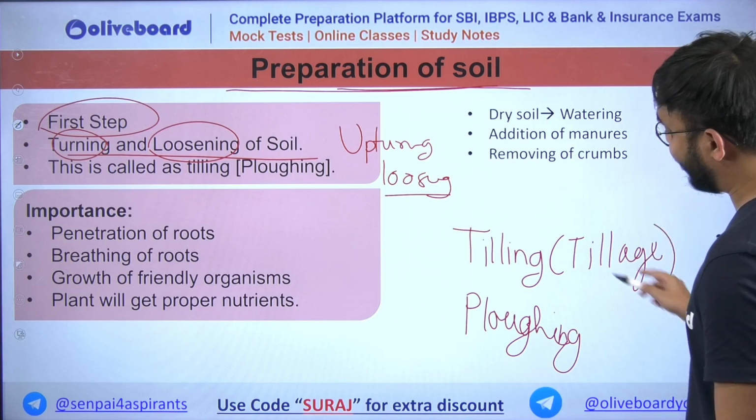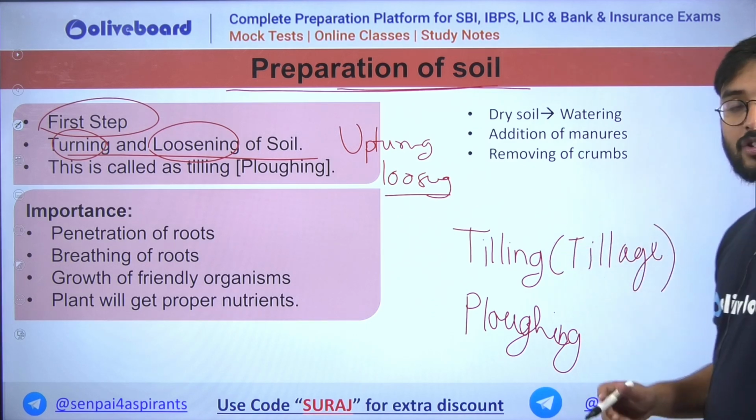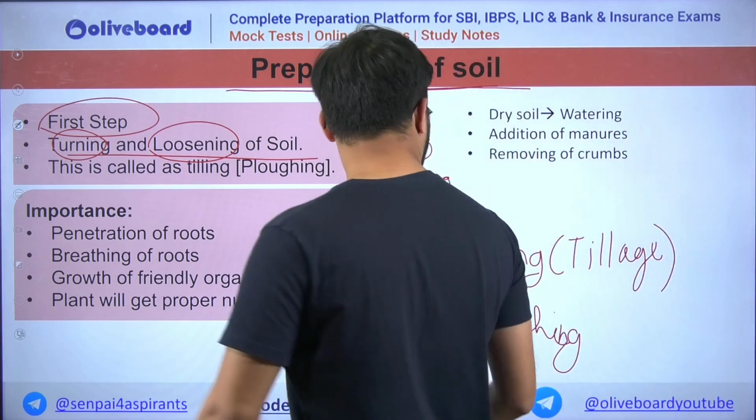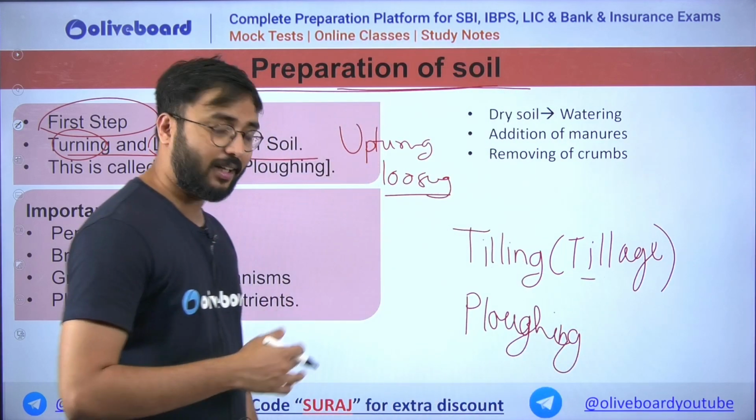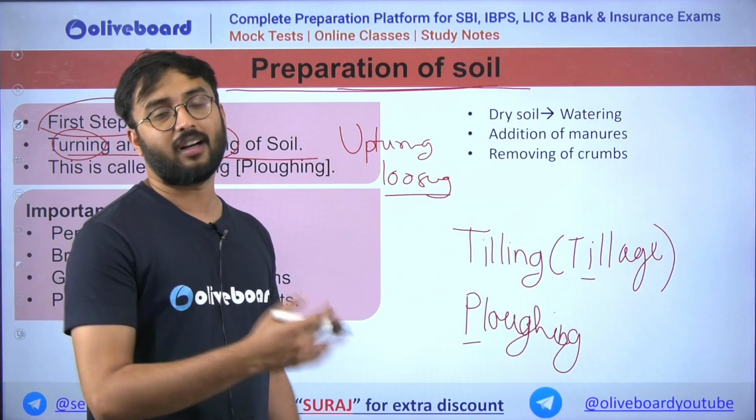Now you can consider tillage and plowing as two brothers, where tillage is the bigger brother and plowing is the younger brother.